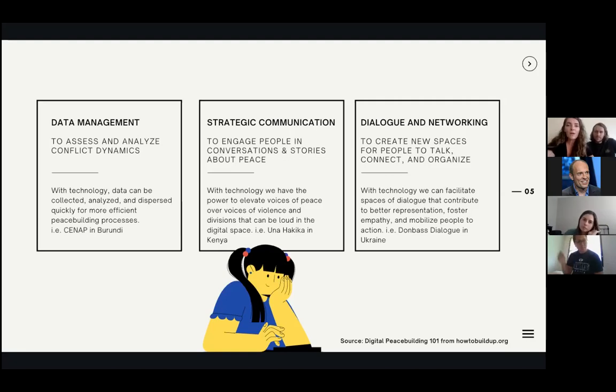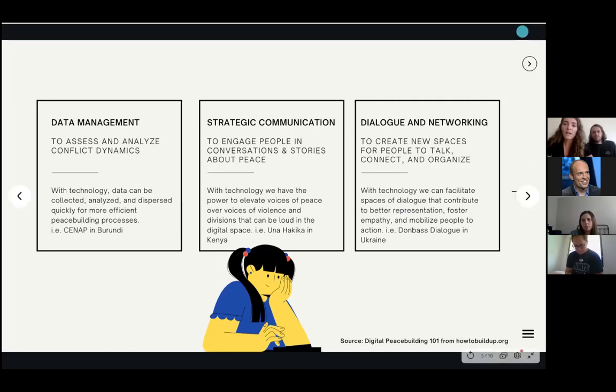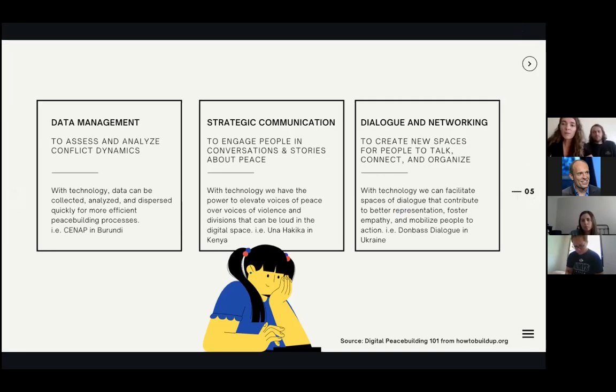And then a last way that technology can be used to build peace is through dialogue and networking. So this is probably a way that we all are maybe more familiar with how this application of technology can be used, but essentially with technology today, as we all know, there are new spaces to talk, new spaces to connect with each other, even across the world, and spaces also to organize and mobilize action.